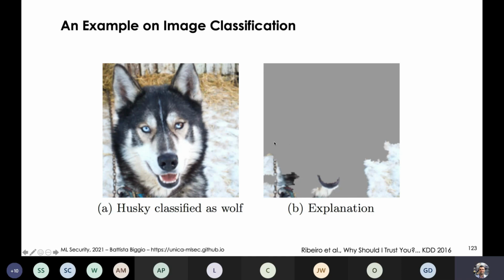And as you see here, basically all the pixels that are related to the dog disappeared, right? So you are only left with these pixels here in the bottom left corner and bottom right corner. So if you were to give an explanation, can you have an idea why this husky is misclassified as a wolf in this case? What do you think?